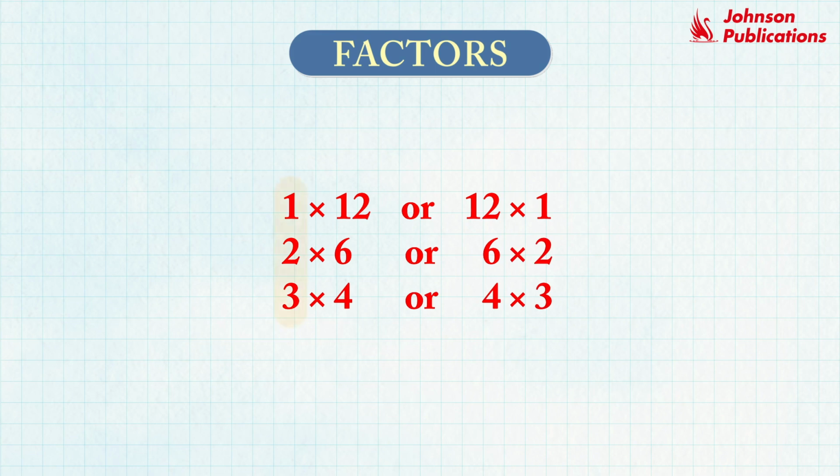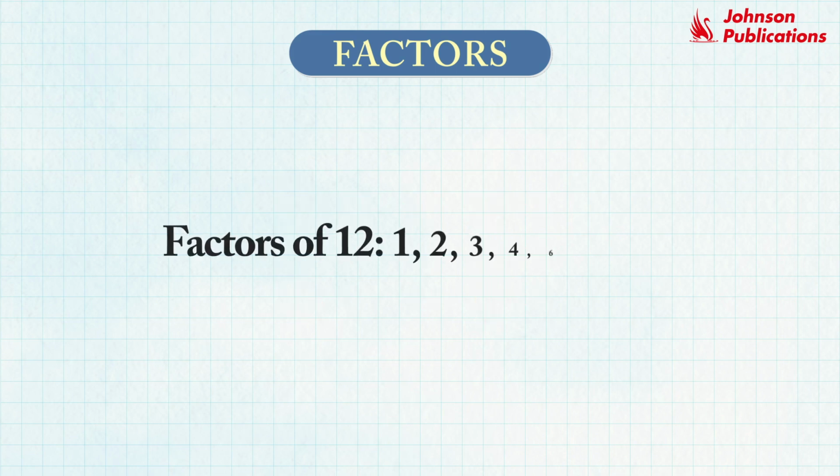The numbers 1, 2, 3, 4, 6 and 12 when multiplied to different numbers give the result 12. Also, if we divide 12 by these numbers, we get the remainder 0. So, 1, 2, 3, 4, 6 and 12 are the factors of 12.